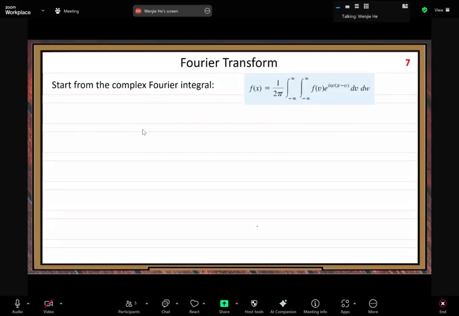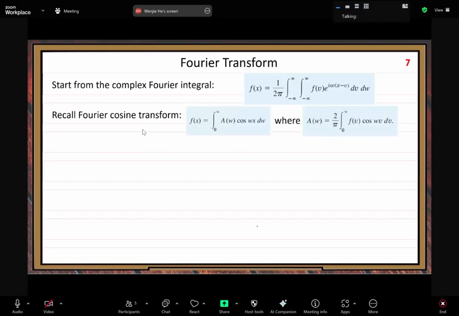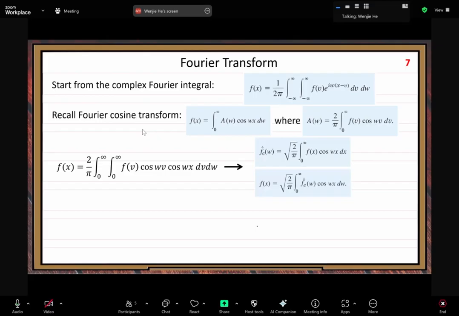Recall the Fourier cosine transform. So from the Fourier cosine formula, we write the Fourier cosine transform.